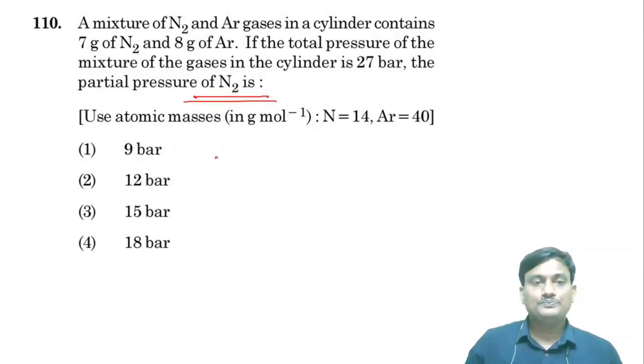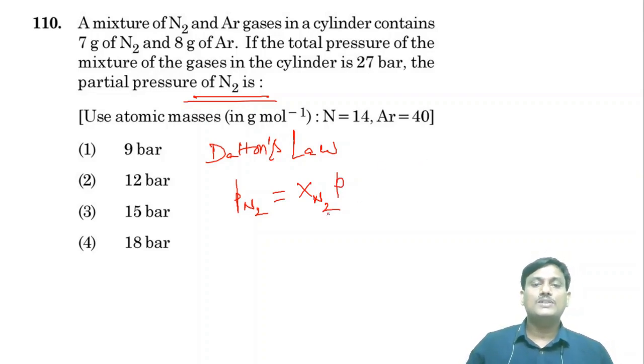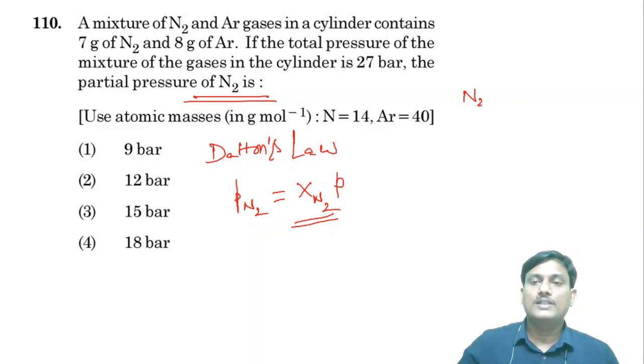According to Dalton's law of partial pressures, the partial pressure of N2 is equal to the mole fraction of N2 times the total pressure. You have to calculate the mole fraction of N2. The mixture contains N2 and argon. Then what are the number of moles of N2 and argon?